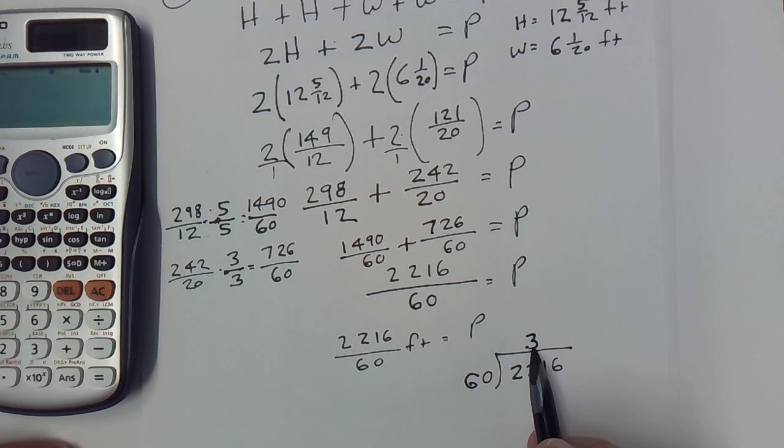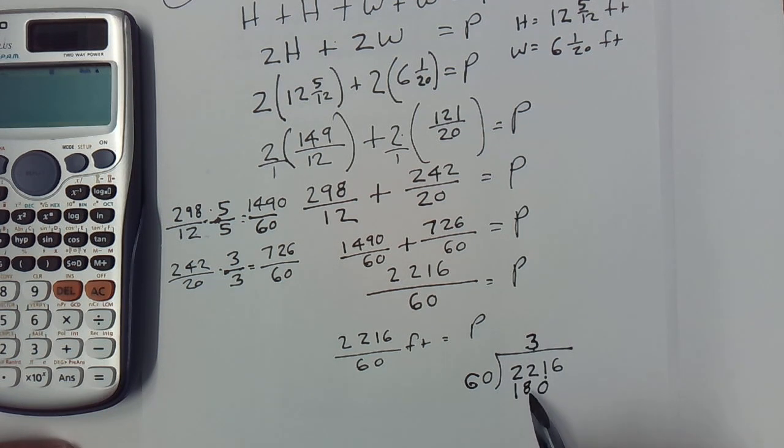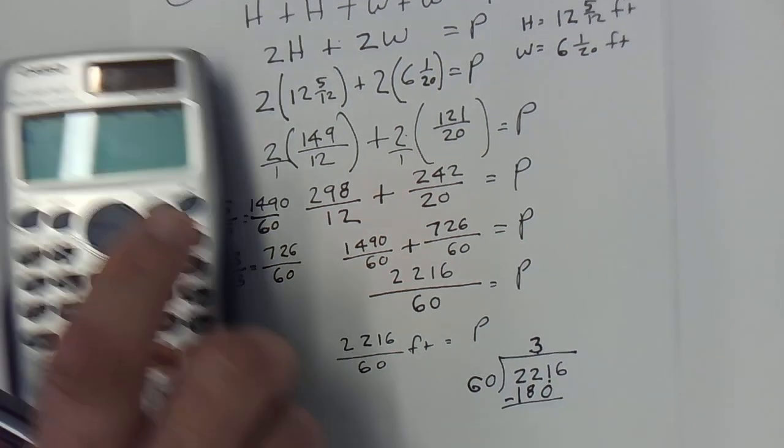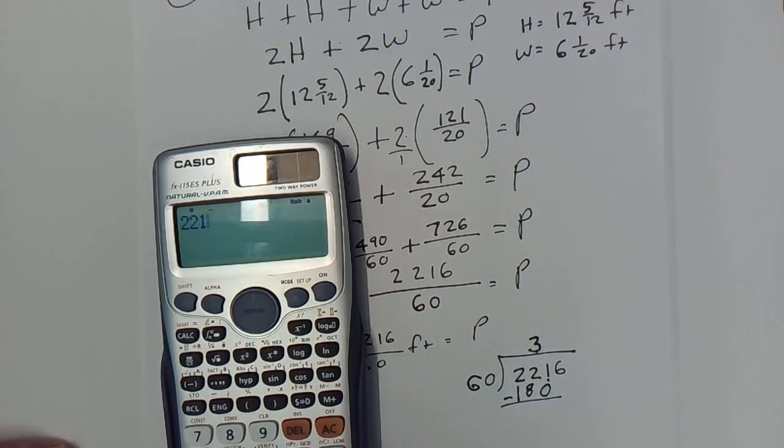So we just want the whole number, 3 times 60, and we know 3 times 0 is 0, and 3 times 6 is 18. So we have 180, right? So if we have 180, we're going to subtract that from the 221. 221 minus 180 gives us 41.